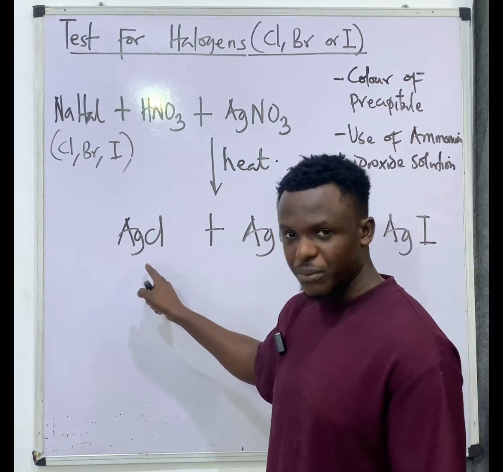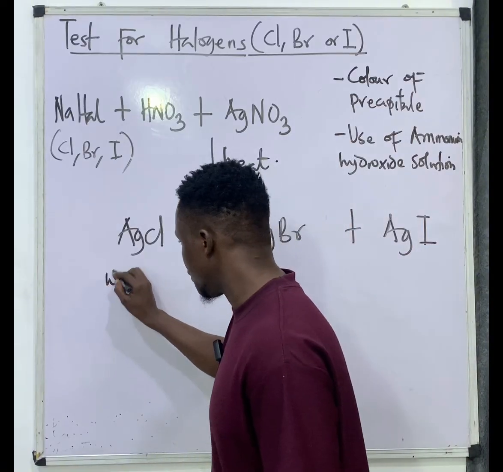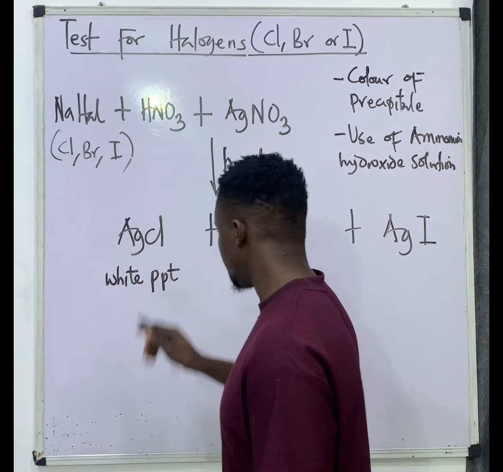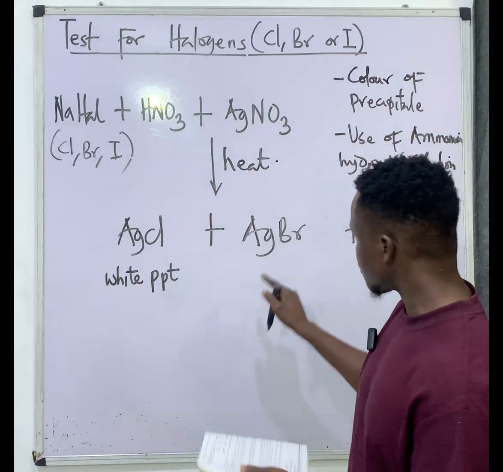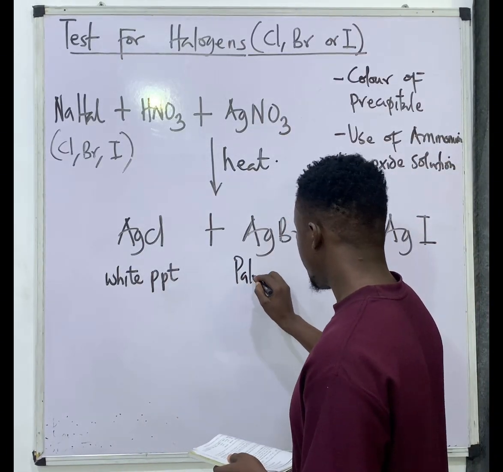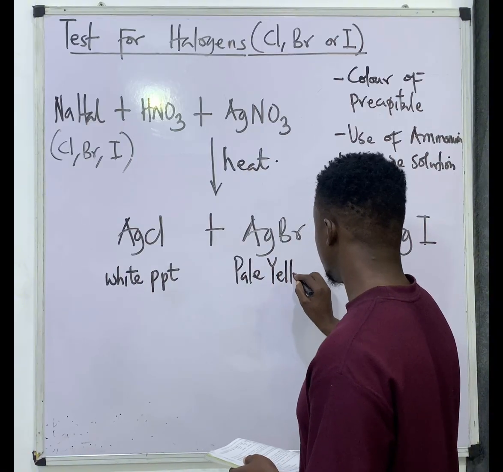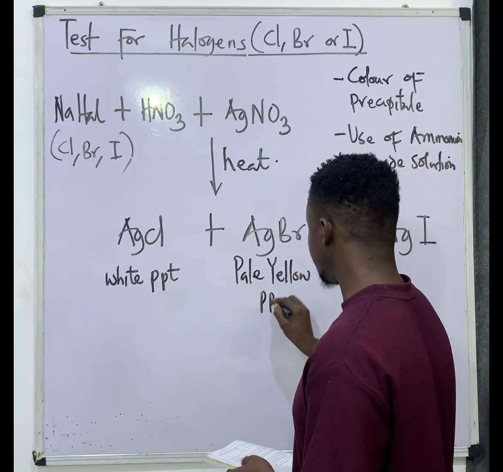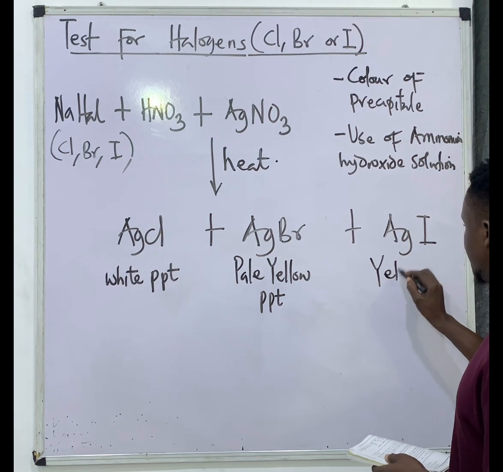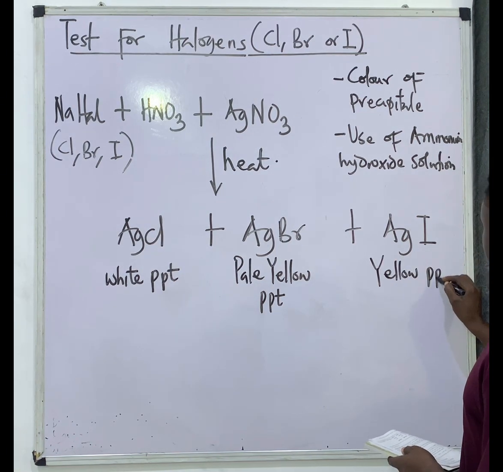Now, if chlorine is present, the precipitate color is going to be white. This is a white precipitate. If bromine is present, we're going to have a pale yellow precipitate. If iodine is present, we're just going to have a yellow precipitate.